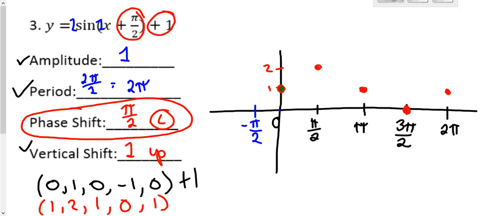So this point will move to here. So that first point moves pi over 2. This point will move to here. So this will move pi over 2. This point moves pi over 2 and goes here. This point moves pi over 2 and goes here. And this point moves pi over 2 and goes here.